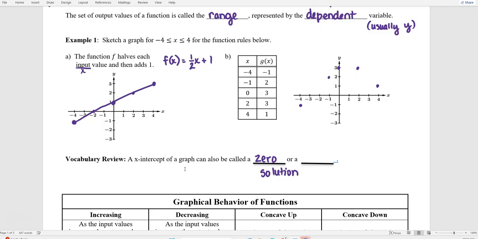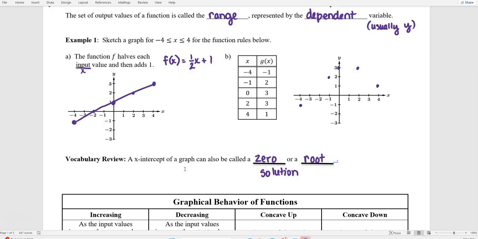There was one other word. Roots, good. So a zero or a root, or in some instances a solution. There are a lot of instances where it's talking about an equation instead of a graph, but they kind of go hand in hand. It's not exactly the same, but it's very closely related there.